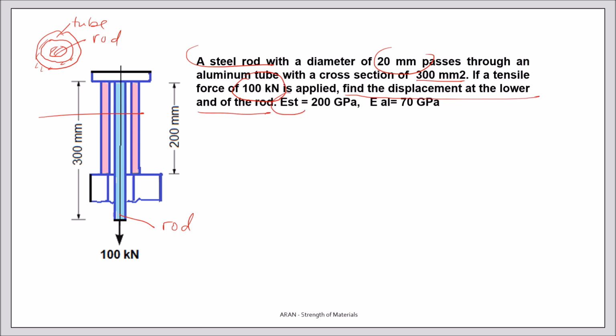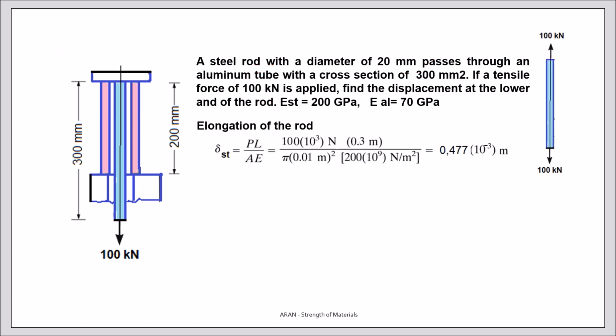The elastic modulus for steel and aluminum are given. If you take the rod, the rod has a length of 300. It is under a force, axial load, 100 kilonewton. So for the rod will be elongated. How do you calculate it?